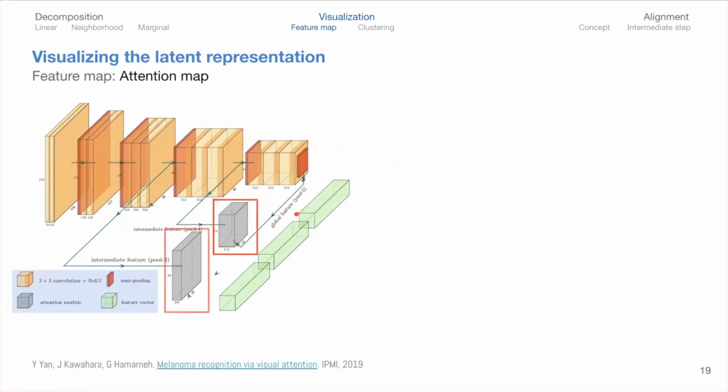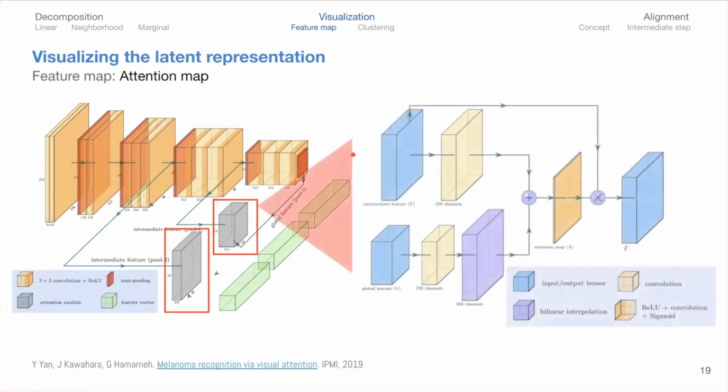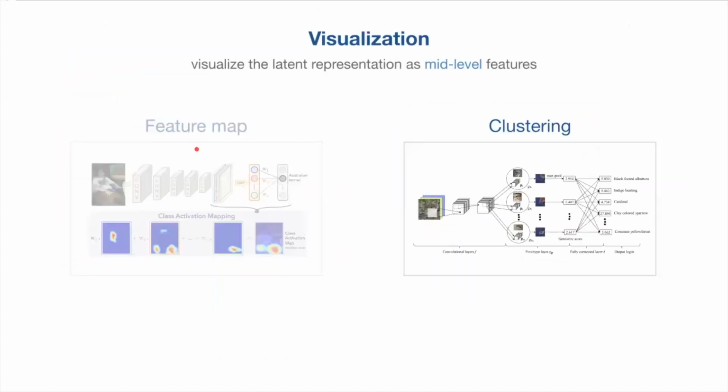Each attention module has a guidance feature that guides the original feature map, and they aggregate them together to get this attention map. So we can use the attention map to visualize what the network is paying attention to. So those are two ways to visualize the feature map.